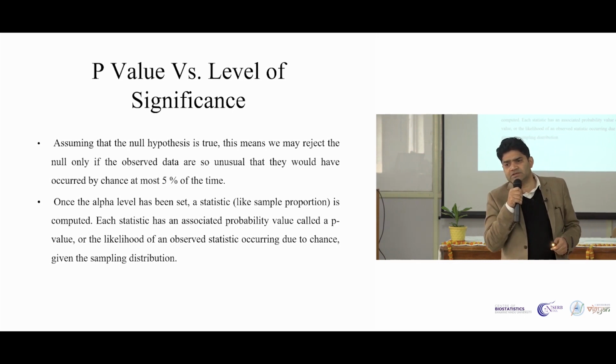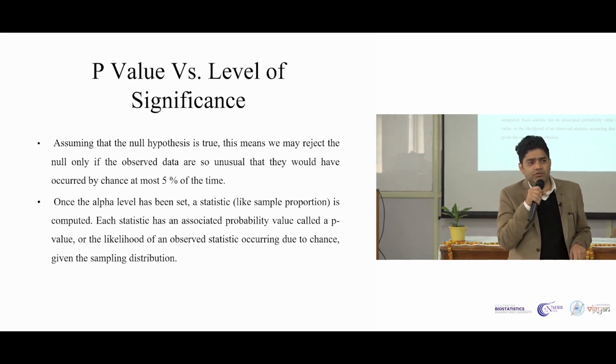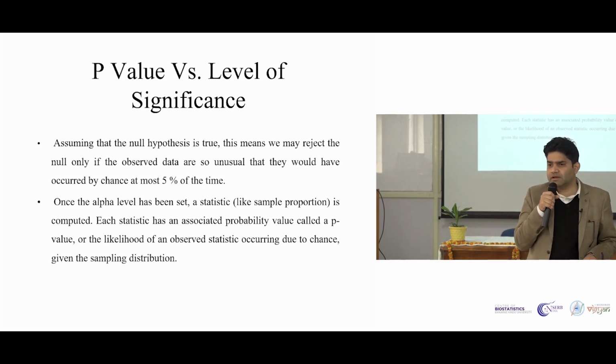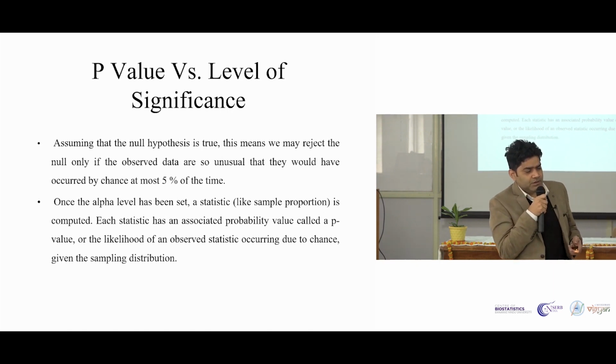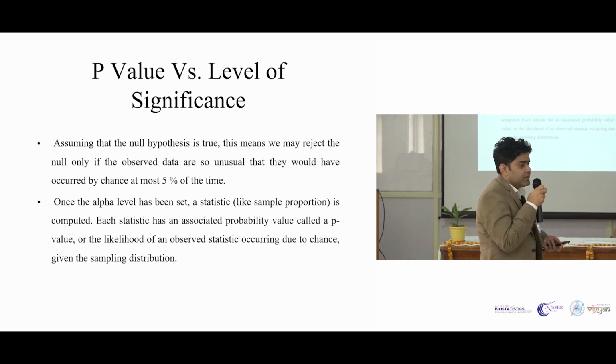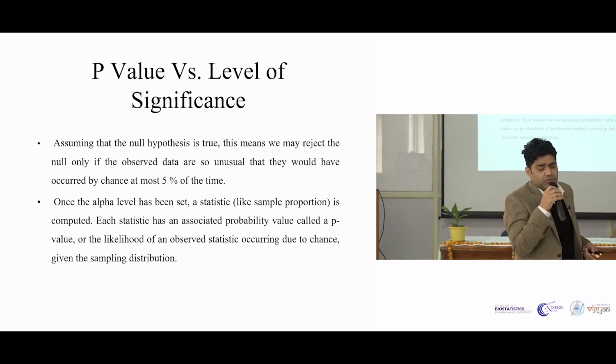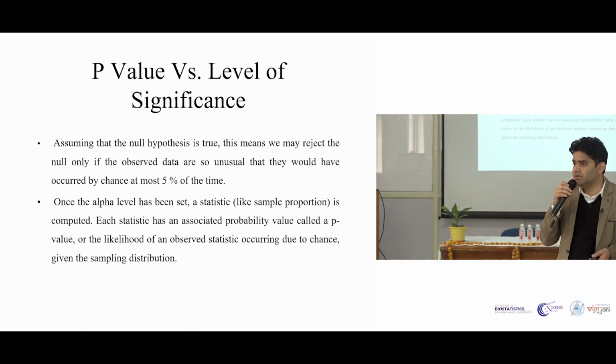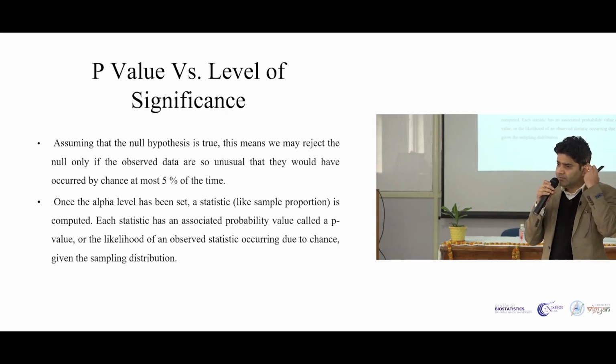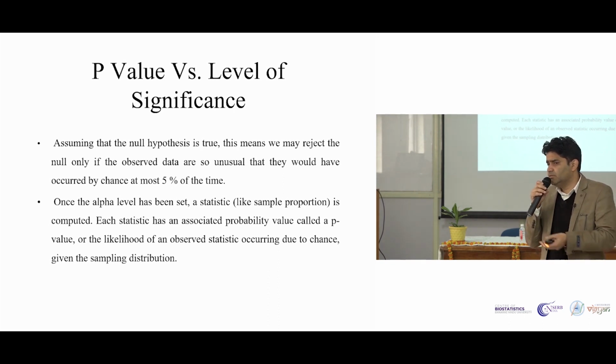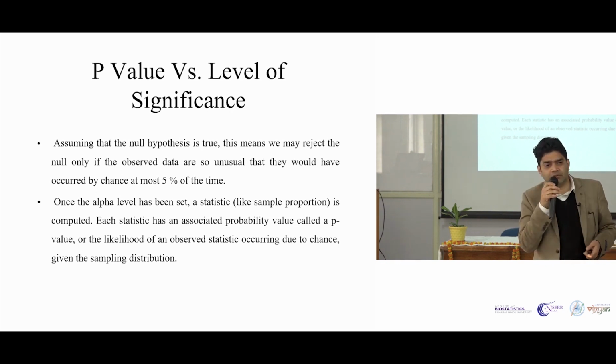Basically, in testing the hypothesis, we have two approaches. One we are calling the p-value approach, and the second the critical value approach. When we go with the p-value approach, we get p-values from the computer. We can manually also calculate it.